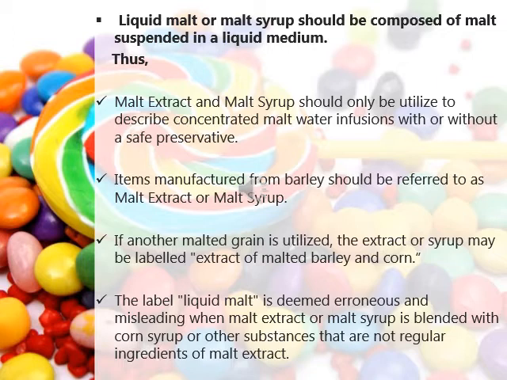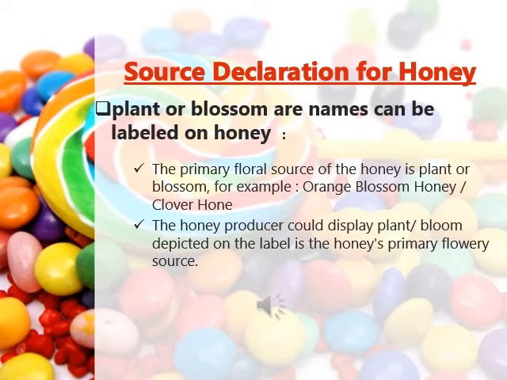If another malted grain is utilized, the extract or syrup may be labeled accordingly. The labeled liquid malt is deemed erroneous and misleading if malt extract or malt syrup is blended with corn syrup or another substance that is not a regular ingredient of malt extract.